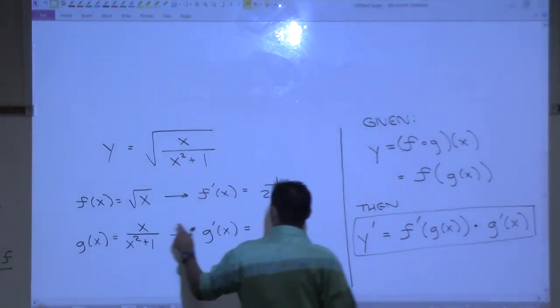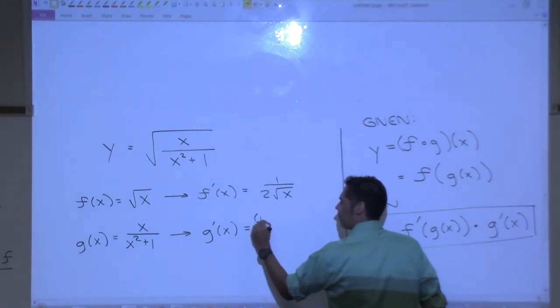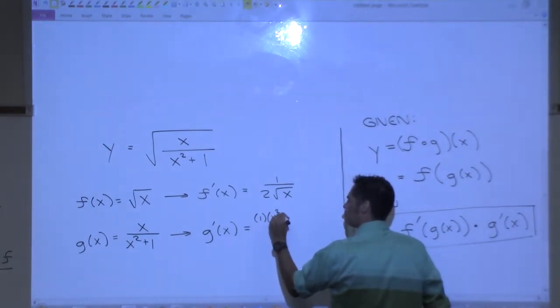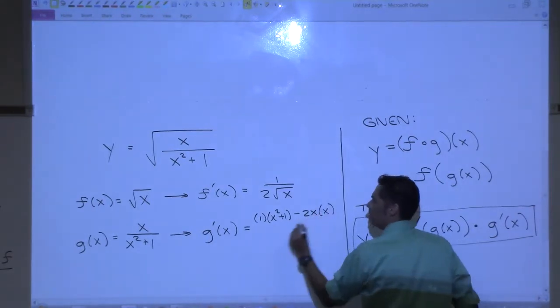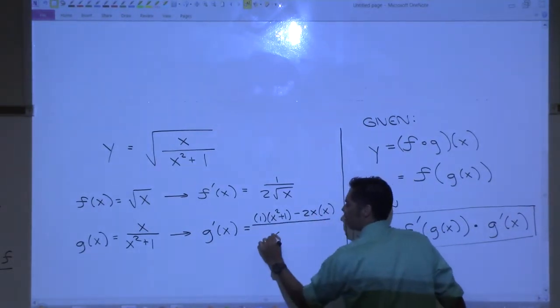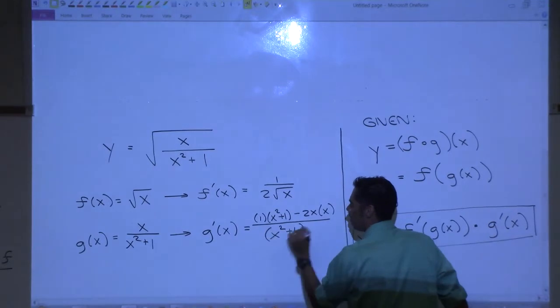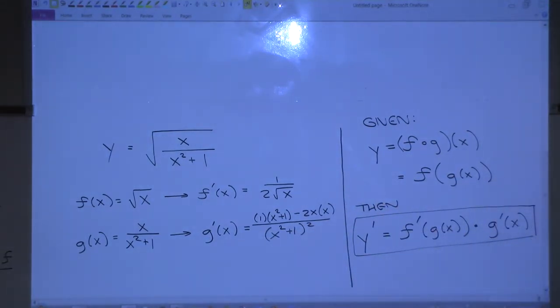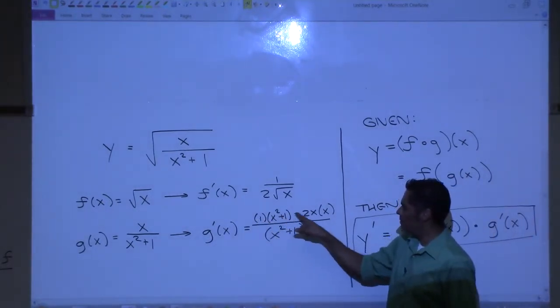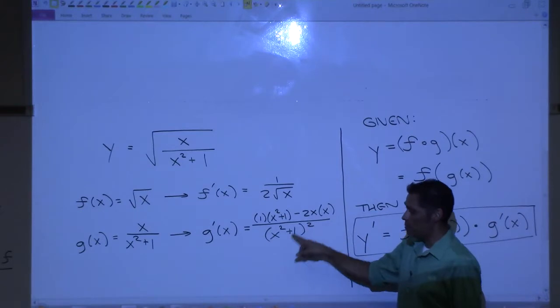I'm going to do the derivative of the top times the bottom minus the derivative of the bottom times the top, all over the bottom squared. Notice I'm not writing the prime marks anymore. I'm doing the derivatives in my head.